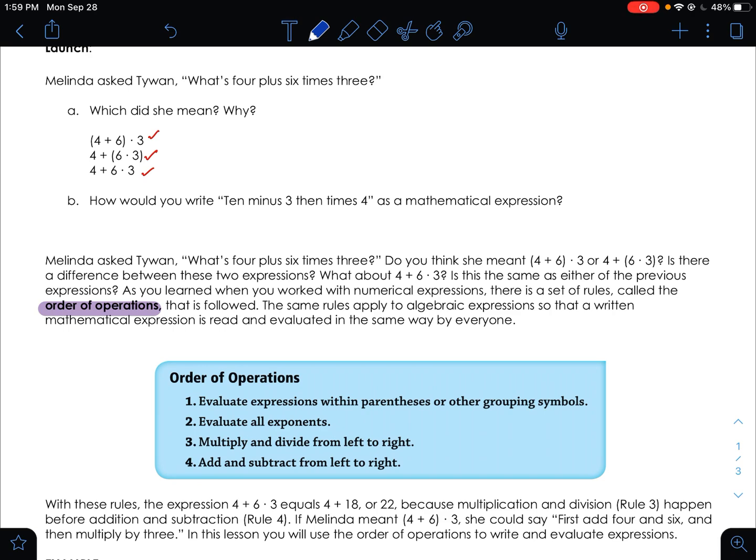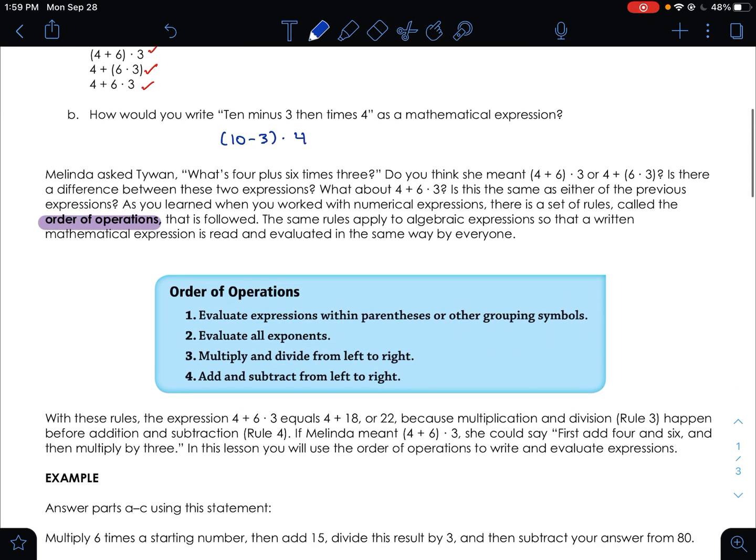Because they added the word then, it puts an order into how you should do things. 10 minus 3 comes first, so we write that in parentheses, then multiply that by 4. When reading these expressions, we need to be careful how we read them and group them in the way that we speak, because of the order of operations.